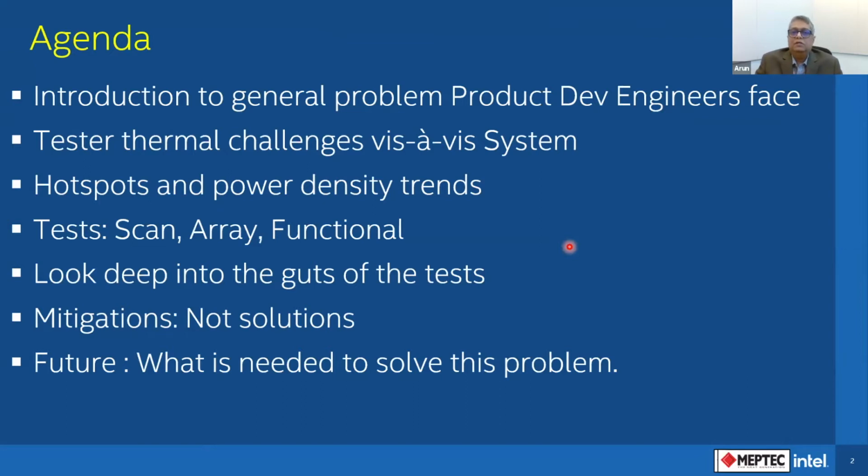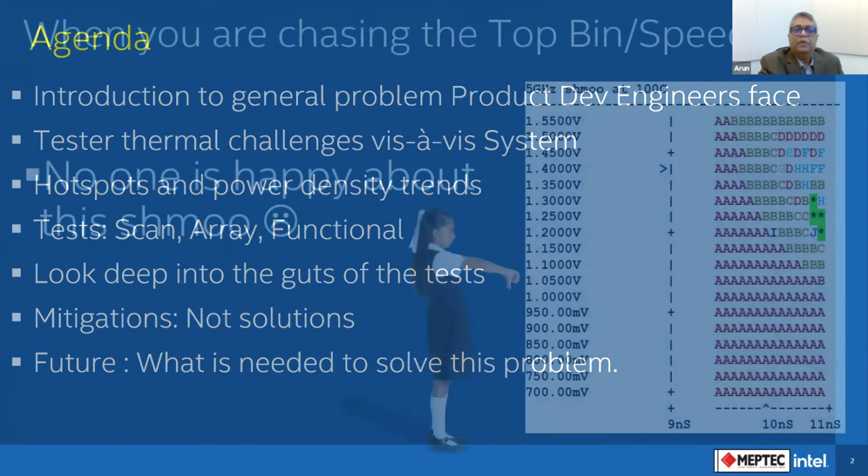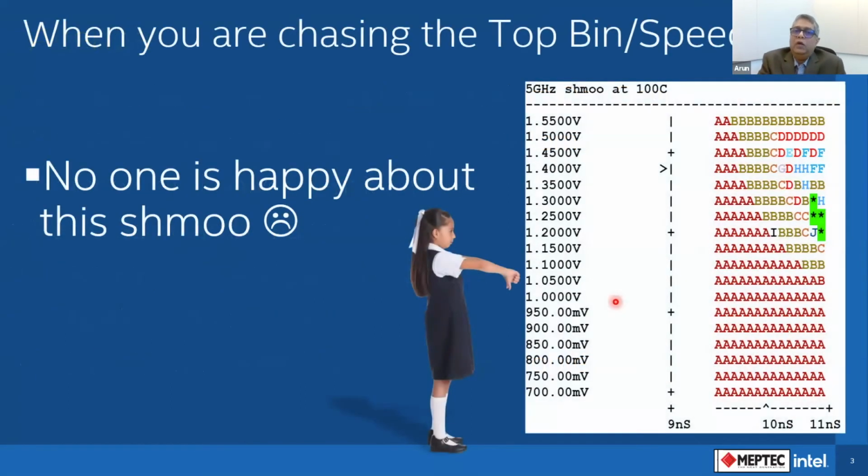When you are chasing the top speed or top bin for your product, no one is happy about the Shmoo. The Shmoo is basically frequency on the x-axis and voltage on the y-axis, and every point is a pass or fail for thousands of tests, thousands of patterns, and you need a good green area on this corner.